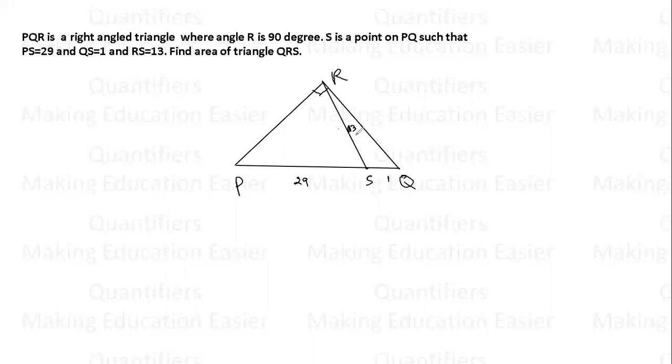So students, RS is 13, QS is 1, and PS is 29. Right? And this complete angle is 90 degrees. Just remember, this complete angle is 90 degrees. So it is a right angle triangle. So I hope all of you remember, just now I told you a property that from 90 degree angle, if you draw a median, then all three parts will be equal to each other.